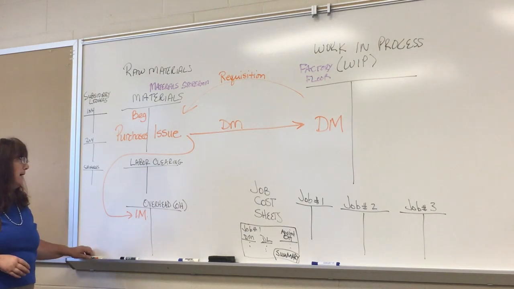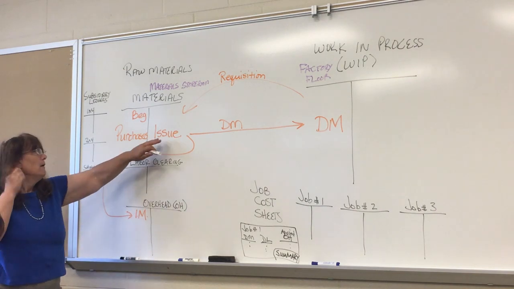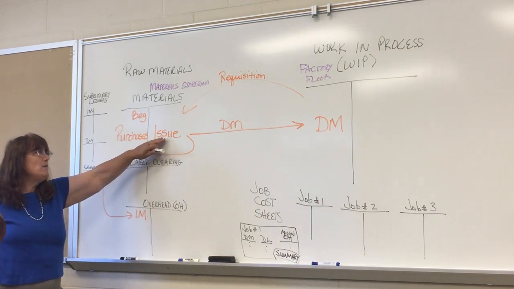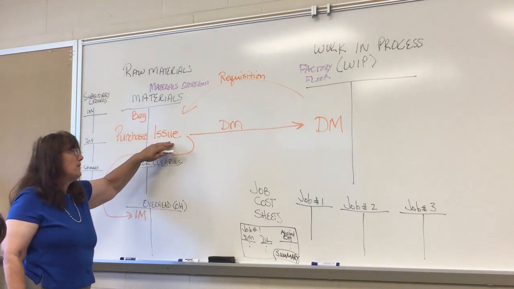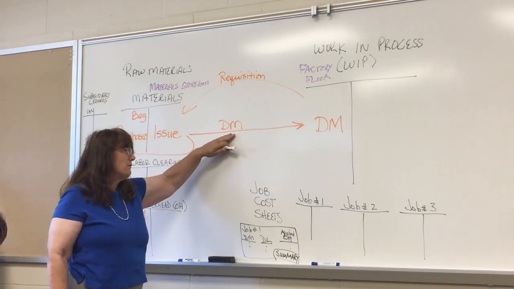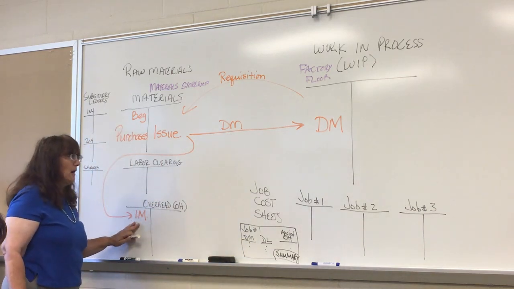Okay? So we're going to divide out the cost of the stuff that we put on the forklift for accounting purposes into the cost of all the direct materials and the cost of the indirect materials.